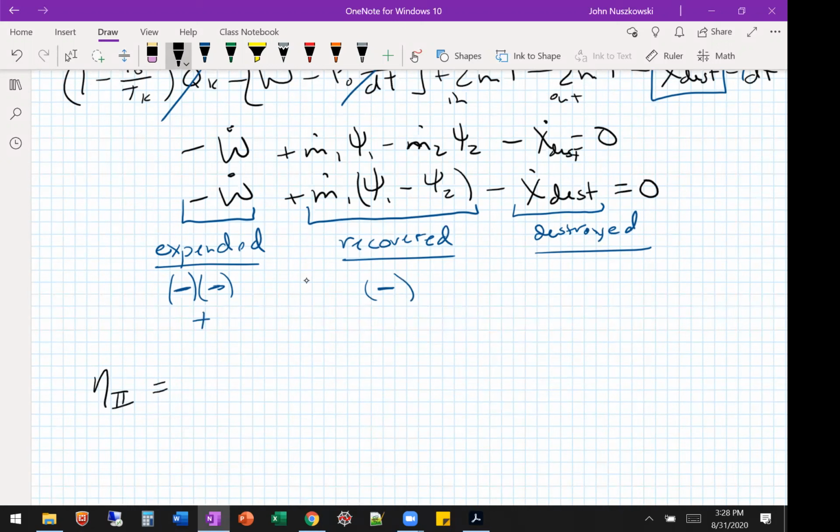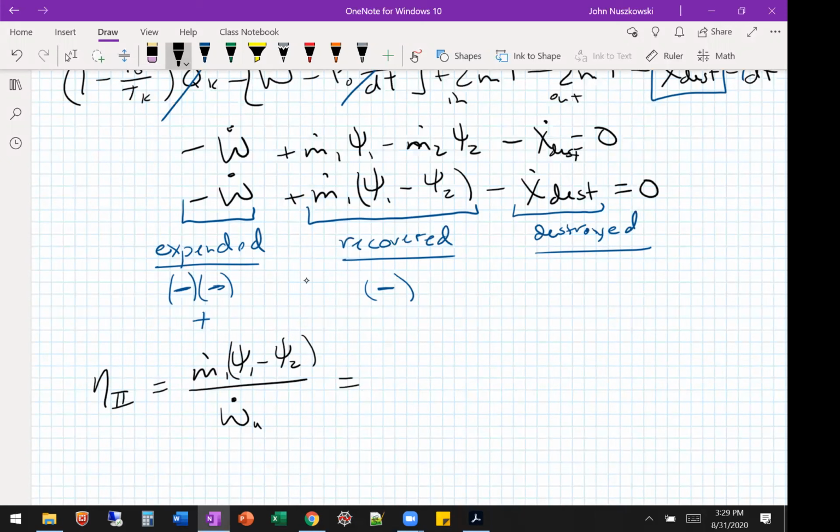So if we put this together, we have expended, the bottom. So we have our actual work, or that could be called the work useful, okay? And then we have the recovered on the numerator, right?